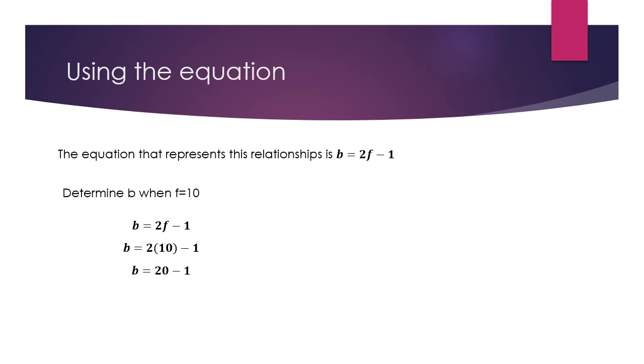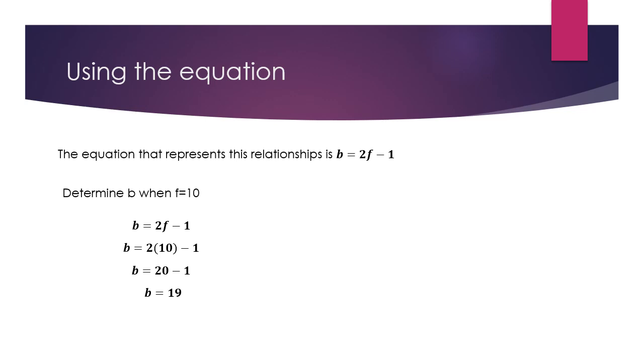So then I multiply, and I get 20. And then I subtract, and I get that B is 19. So when F is 10, which tells me when I'm on my 10th figure, if I'm drawing them all, the number of blocks would be 19. So those are the types of questions I might ask you if you're dealing with a pattern.